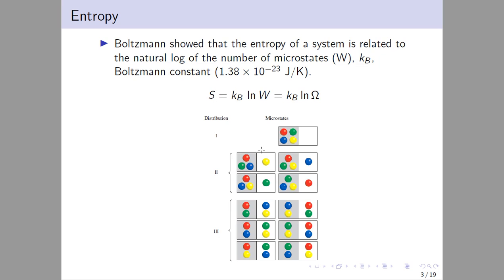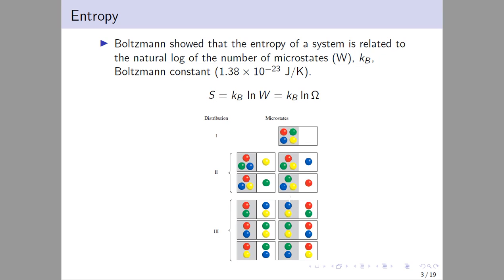In this state you can see that we have 4 microstates, and in number 3 we have 6 microstates. The balls are red, blue, green, blue, green, blue, green, red, blue.